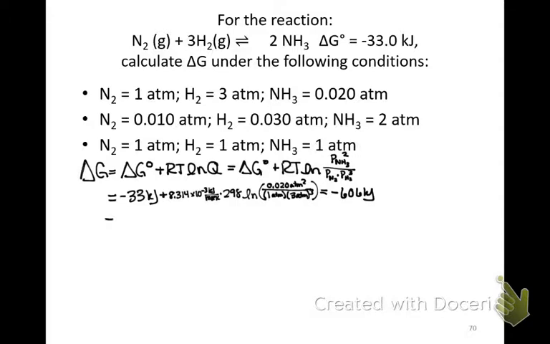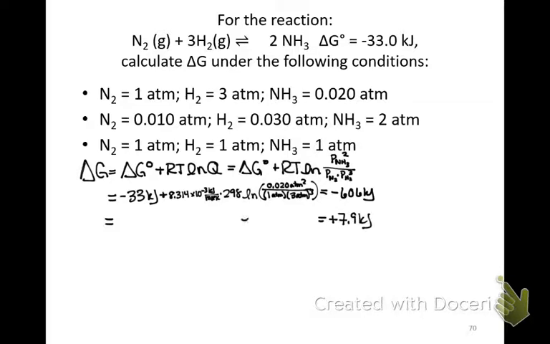If we do the same thing, but for the second set of parameters, where here we have N2 and H2, the reactants are really low, and NH3, the product, is really high. If we do that, we get that delta G equals positive 7.9 kilojoules.